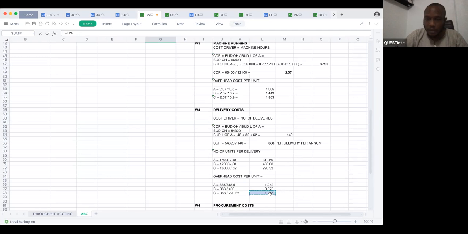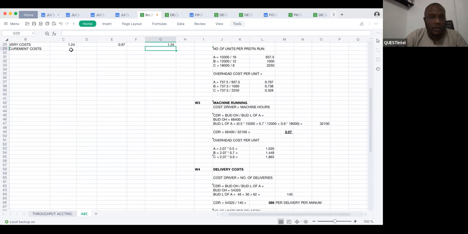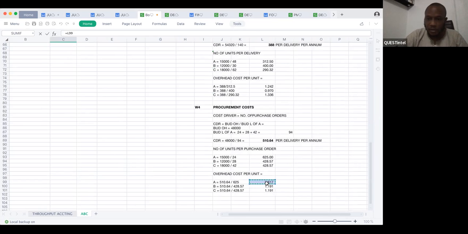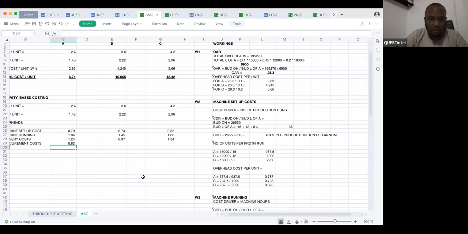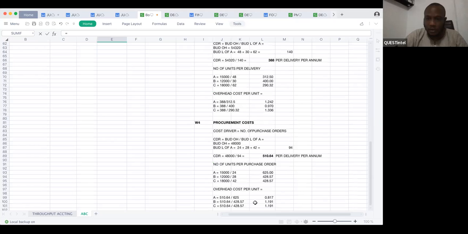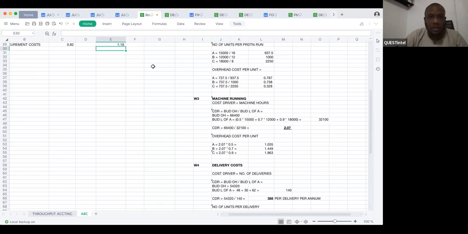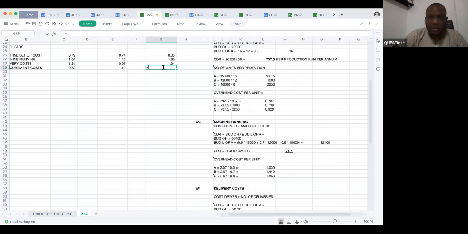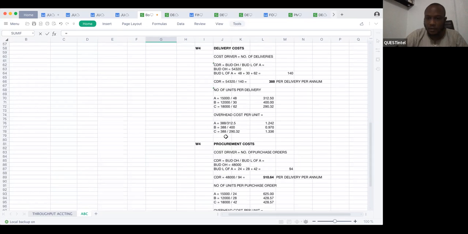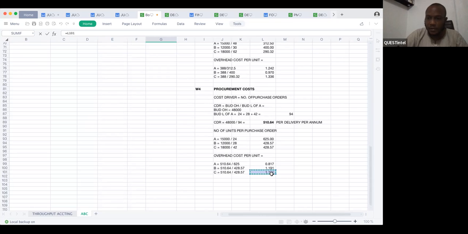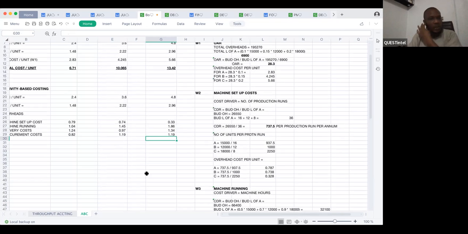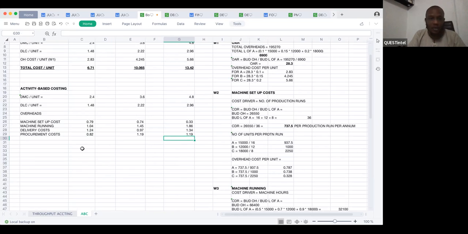And then for procurement, finally, this one. Then procurement for this other one is this. And then the final procurement was this. Okay.